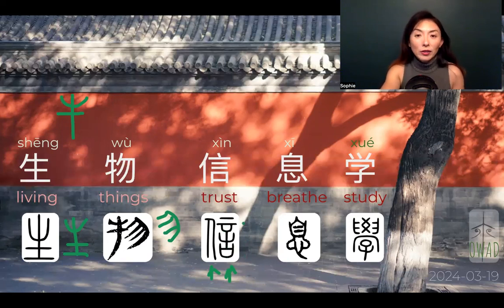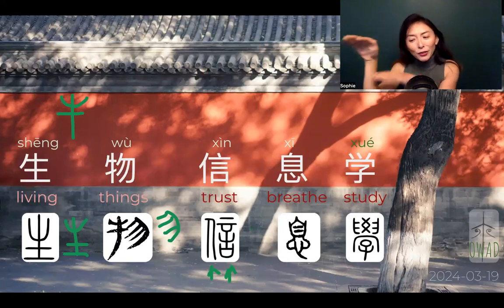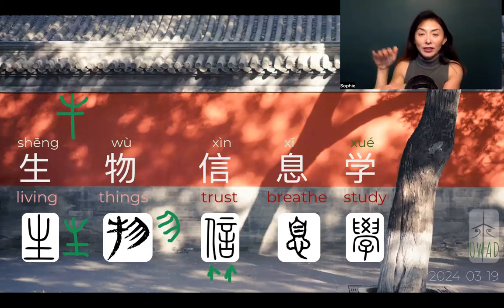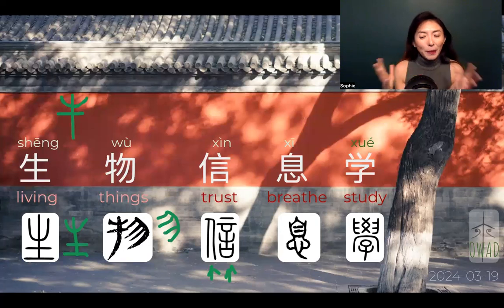And then the two horizontal lines, I would interpret either as heaven and earth, because if there are two lines only, that's heaven and earth. That gives you the spatial sense. And this tongue and mouth symbol in this heaven and earth space, what they're doing means it's speaking, right? So we have the human speaking and then made into this trust character.